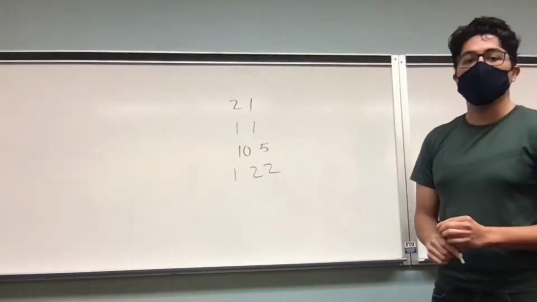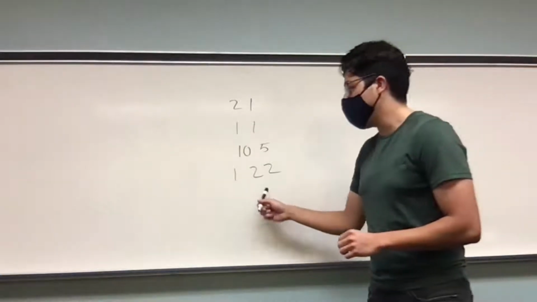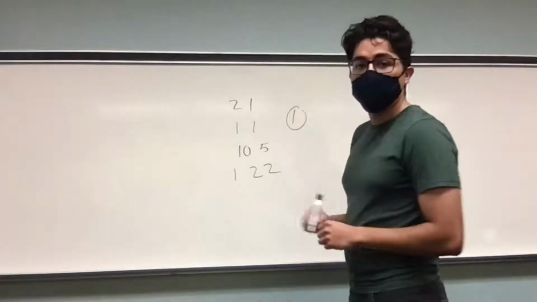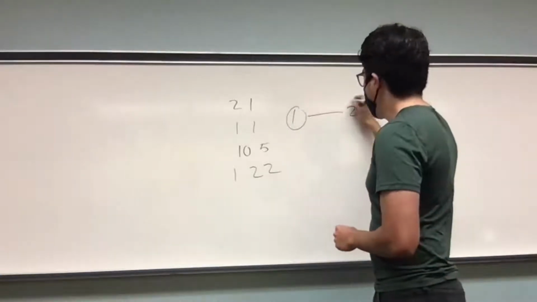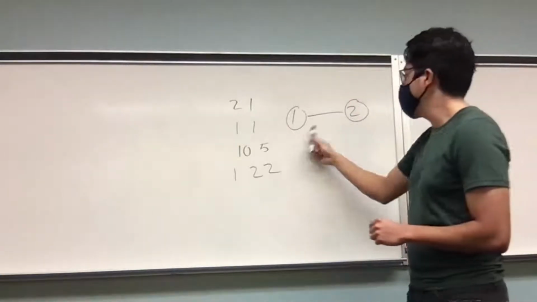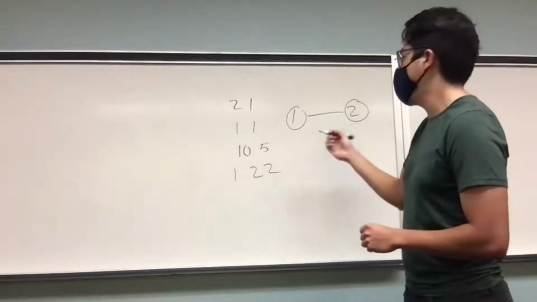So now I'll draw the graph that they basically give you in the last few lines. You have two mines, mine 1 and mine 2. And the number of days it takes to go from mine 1 to mine 2, and from mine 2 to mine 1, is 2 days.